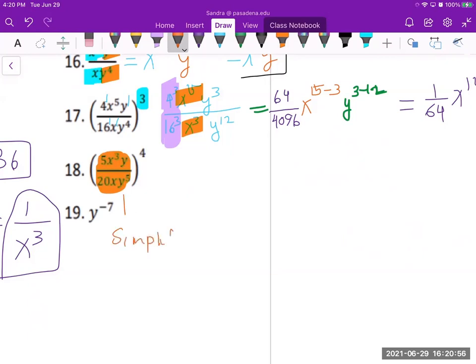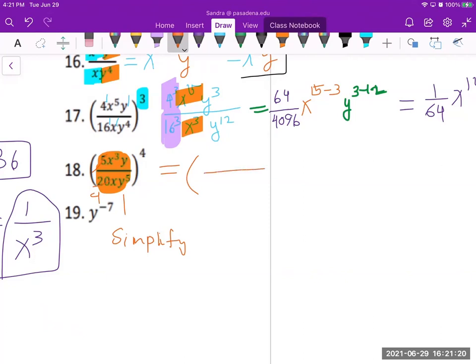First we can simplify. Simplify means, can I divide the 5 and the 20? Can I cancel out or divide out the x to the third and the x, and the y to the fifth? We can do that. So this is equal to, well, 5 divides into 20, and that will give me a 4.